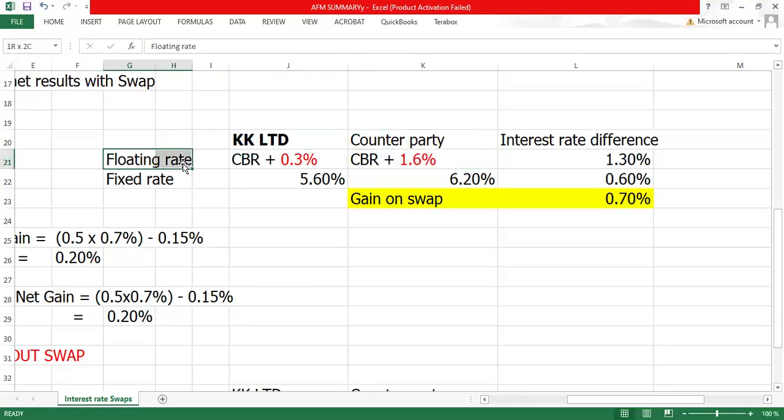In terms of floating rate, who benefits? It is Keke. Pardon? I think it is Keke benefiting. Keke, remember you are looking at the company hedging. You compare it with the counterparty. Your focus should be on the company hedging. Okay?